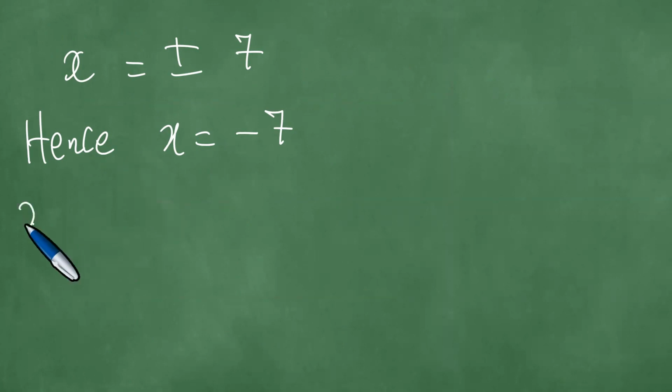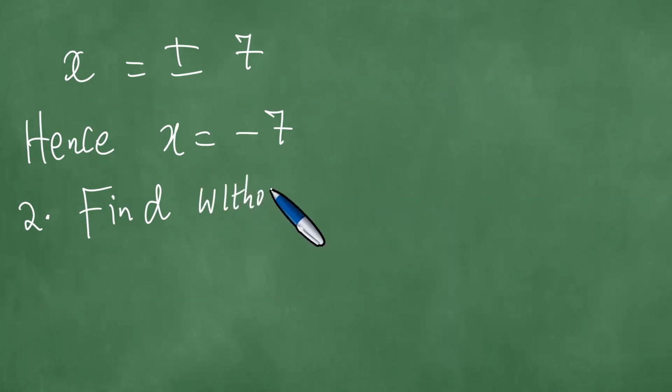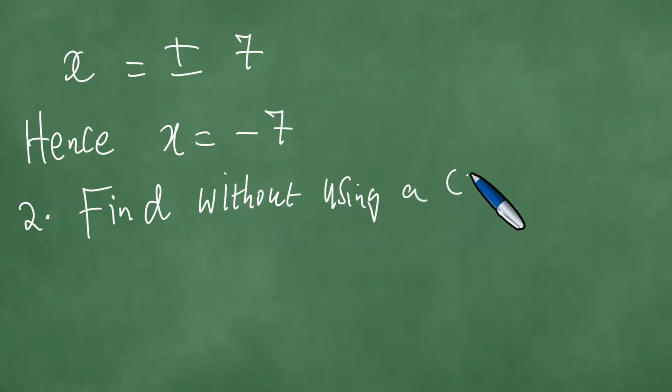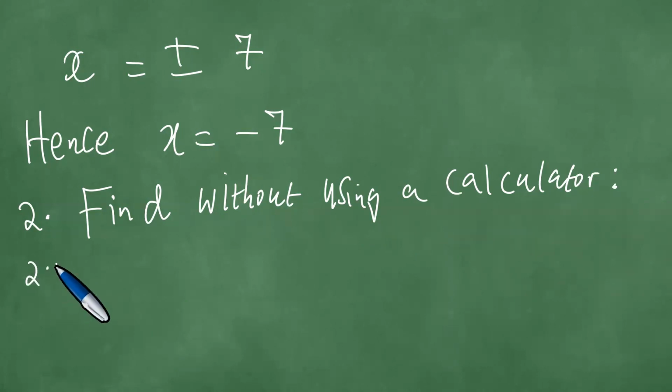The next question is question 2. And here we say find, without using a calculator, in 2.1, the trigonometric sine of beta.